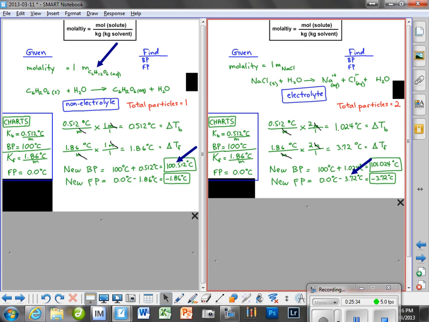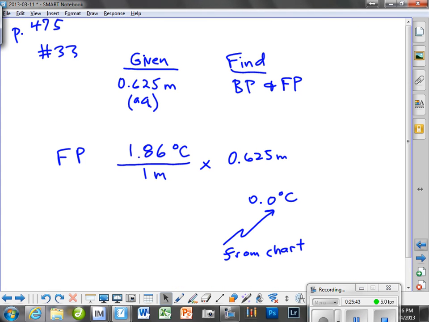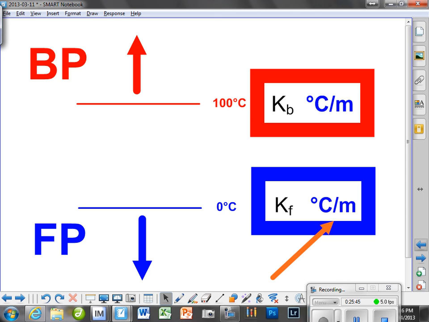And let's look back at the little display that I did with the melting point, boiling point physically here. Here we go. See, if I'm way down here, my solution is not going to be freezing until I get to a little bit below 0 degrees centigrade.